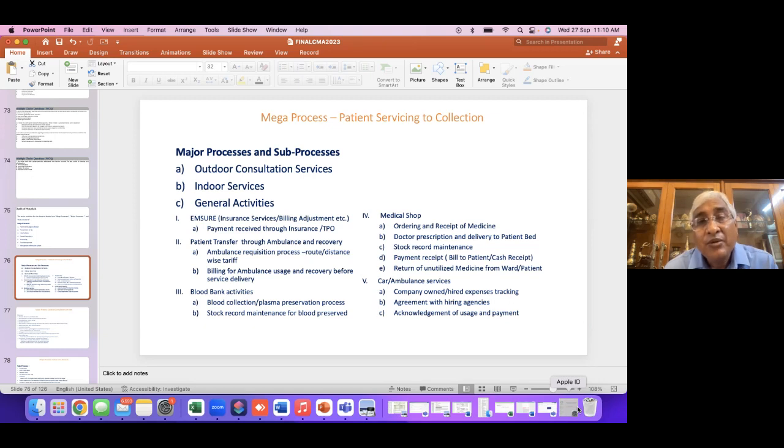So all these, from patient enrollment to patient discharge, or if it is outdoor, attending the patient and after servicing the patient, getting the fees. So all these are important factors from the revenue perspective and from the hospital's existence perspective. Because if the patient attendance is very low, then a hospital cannot survive. Or in the short run, still they will try to survive, but in the longer run it cannot.